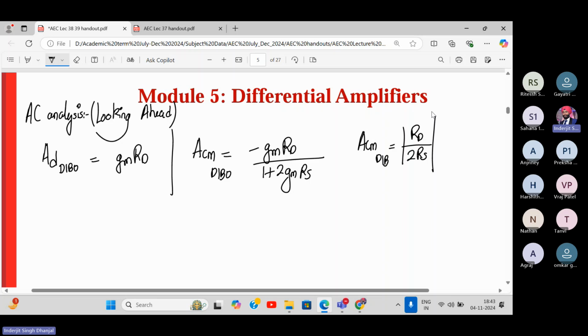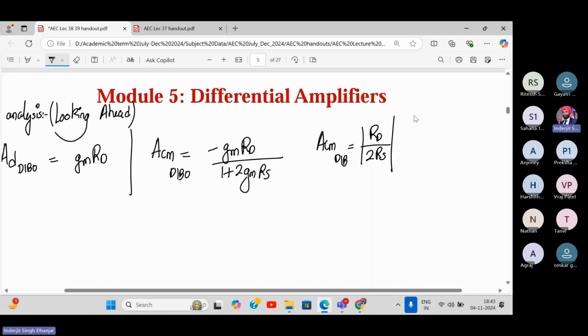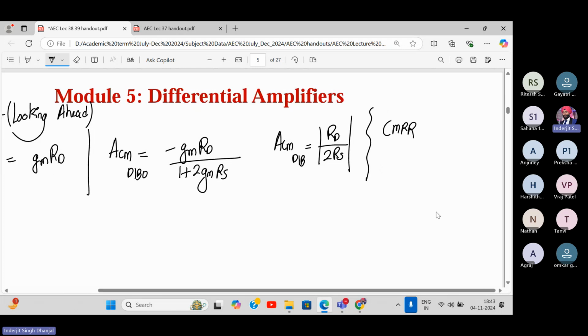All right. And then how do you calculate CMRR? CMRR basically in dB will be 20 log to the base 10 AD upon ACM. Don't take chances, just use this formula. CMRR will be 20 log to the base 10 AD upon ACM.